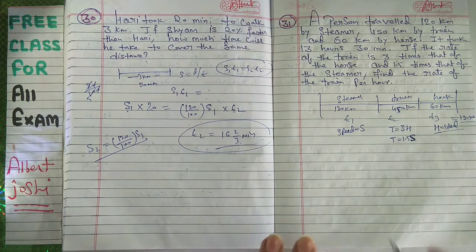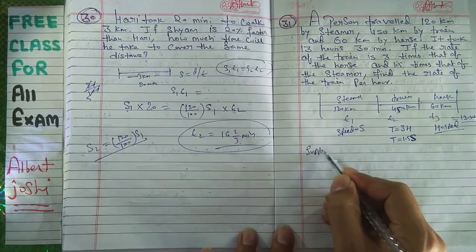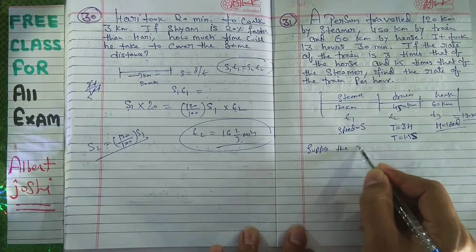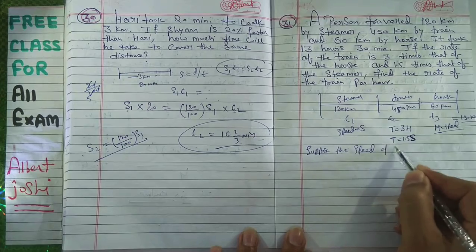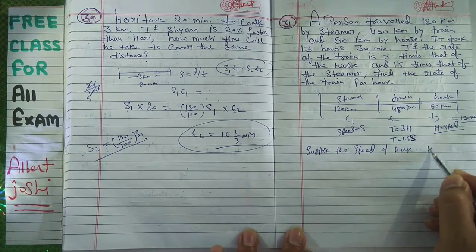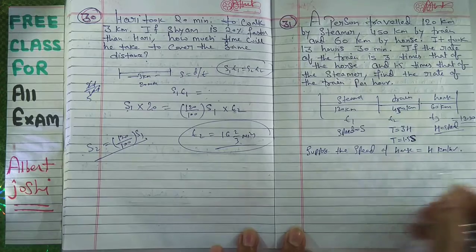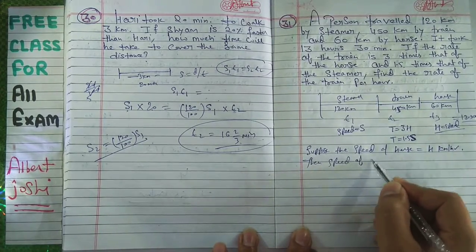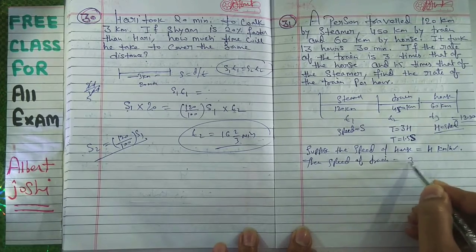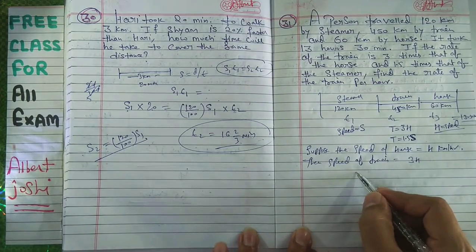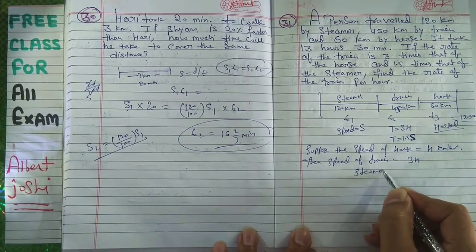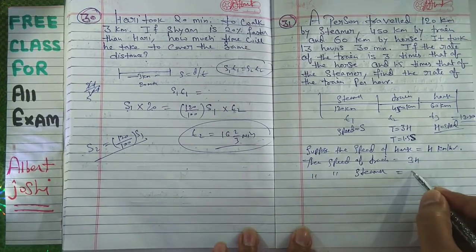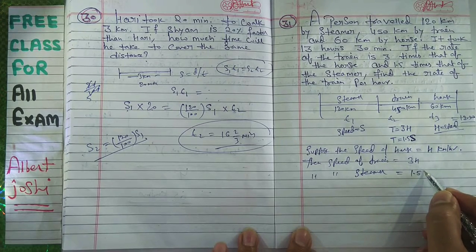For this question, suppose the speed of horse is equal to h kilometer per hour. Then speed of train is equal to 3h, already we have done, and steamer speed is equal to 1.5 into h.